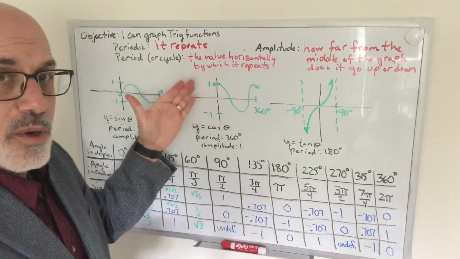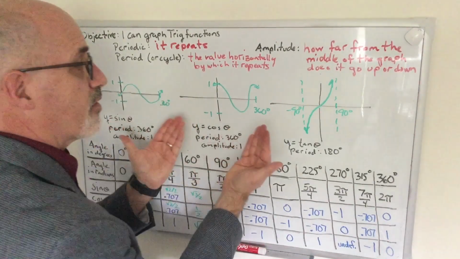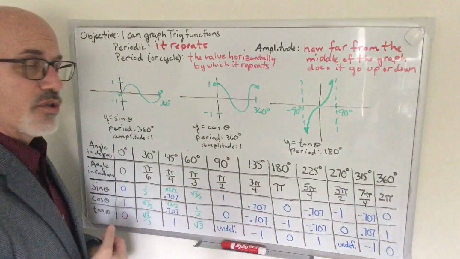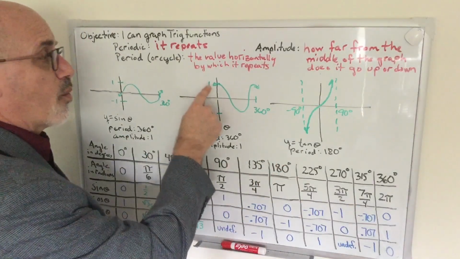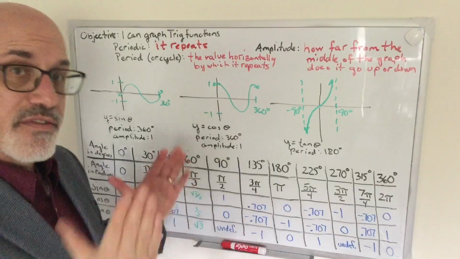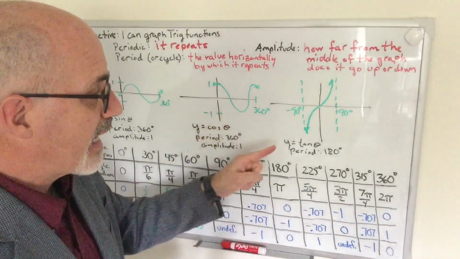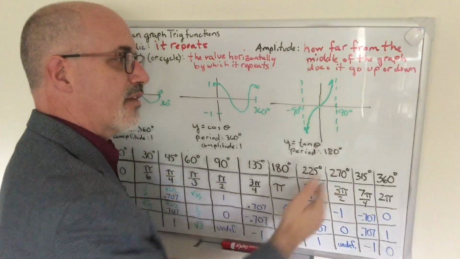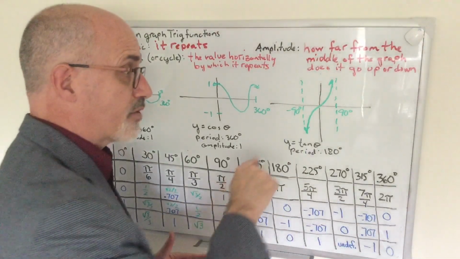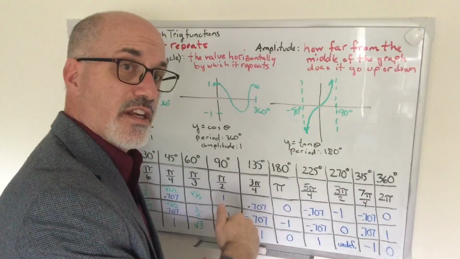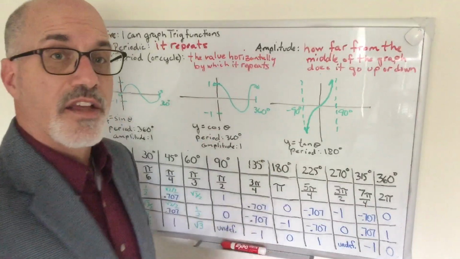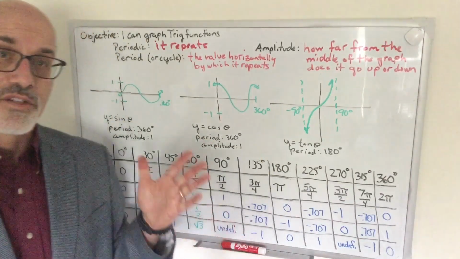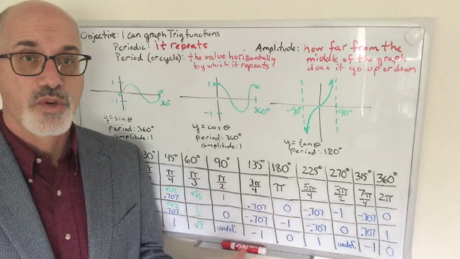Cosine starts up at 1, but it also has a period of 360 and an amplitude of 1, and it ends up at 1 to finish a full period. And tangent has a period of 180 degrees because it has an asymptote at negative 90 and 90, and then it goes off to negative infinity on one side and infinity on the other for the basic graphs. So there you have our basic trig graphs.